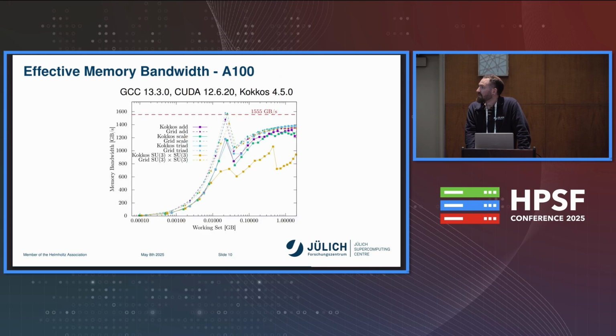Now, this is the same benchmarks, but performed on A100. And again, we see some fairly good performance. And again, we see that our SU3 times SU3 routine needs some improvement there. I should also mention that for all of these routines, we do use a heuristic for the tiling, which involves the lattice extent.